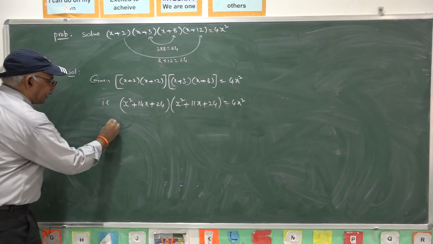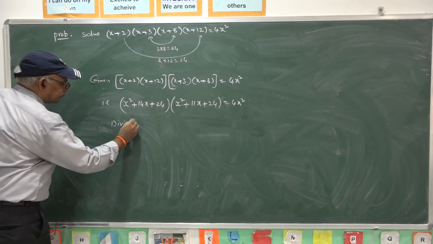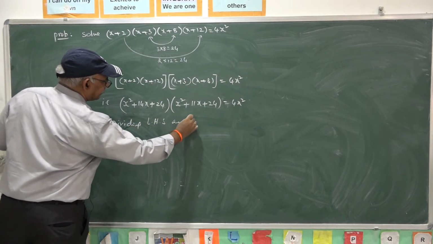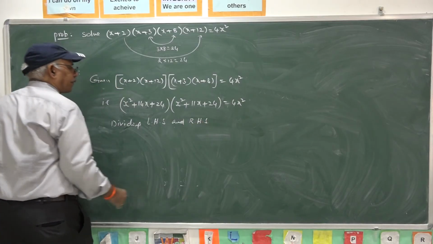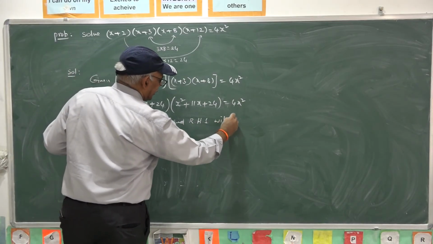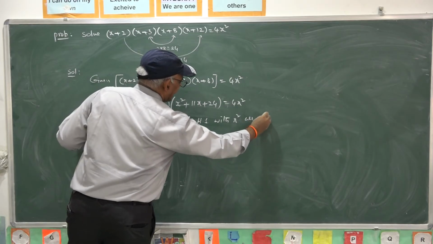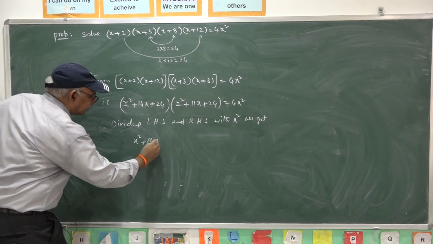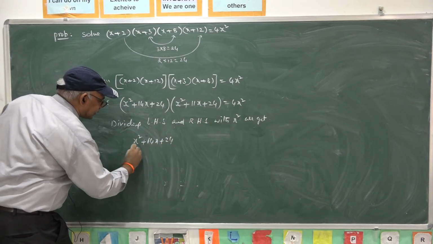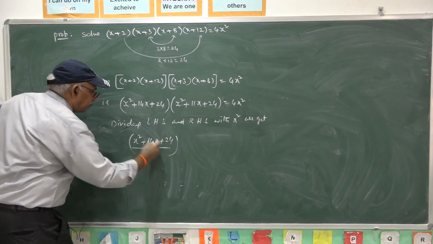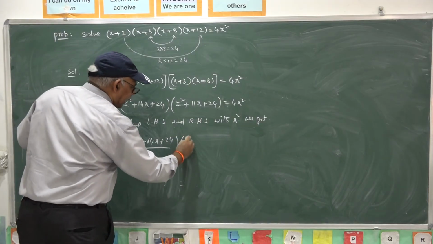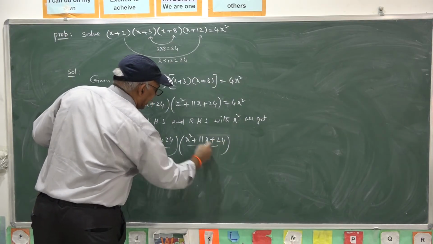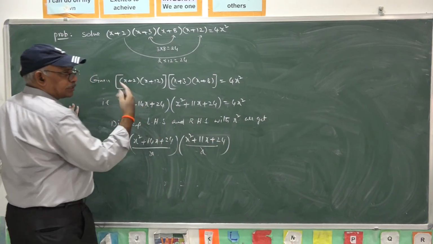That is dividing LHS and RHS with x square. We get, I will write 1x in the denominator below this factor and another x in the denominator below another factor. x into x gives us x square.